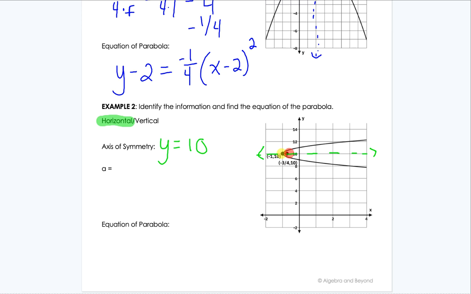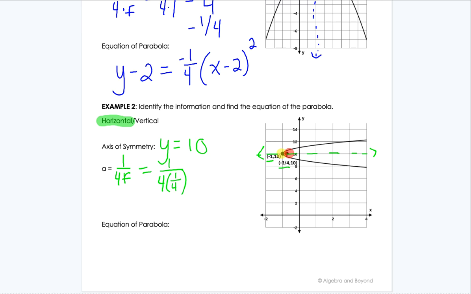Once again, we have to find that A value. So I'm going to do 1 over 4 times that focal distance. They're a little close together, but I can see that the distance is going from -1 to -3/4. So that distance is 1/4, and the focal distance, or f, is 1/4.